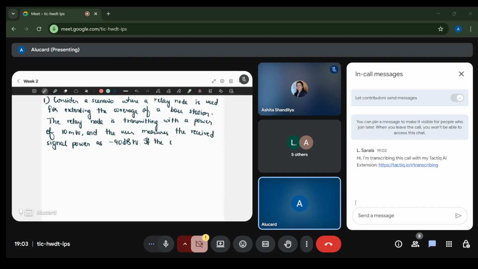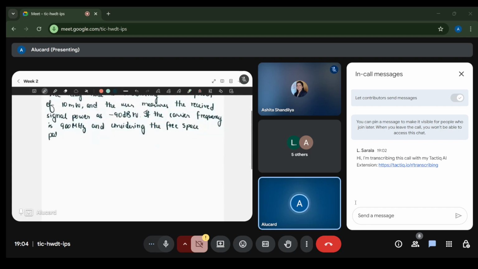If the carrier frequency is 900 megahertz and considering the free space path loss model, what is the distance between the relay node and the user?